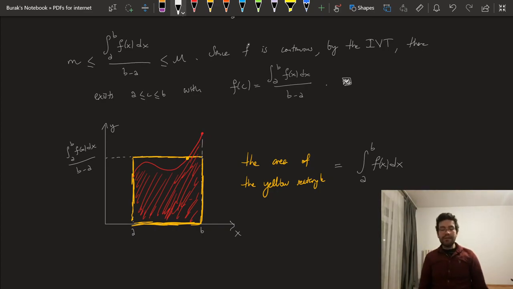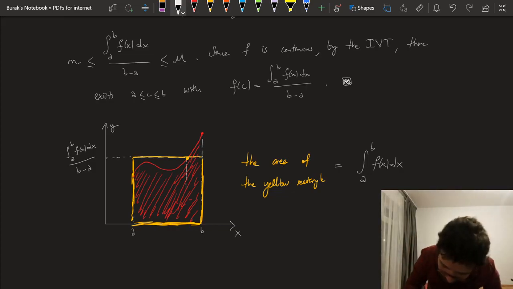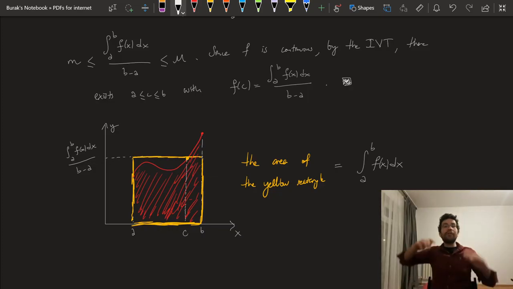So what it tells you is that if you have the graph of your function and you compute the integral, which gives you geometrically the signed area under this curve over a b, you can actually find a point for which, if you just draw this rectangle, you will get the same area.